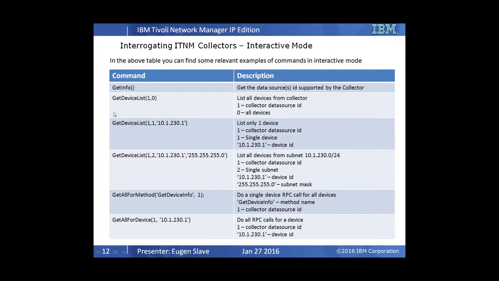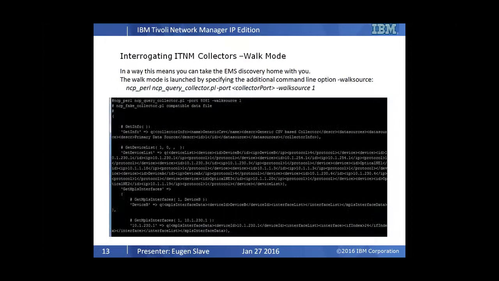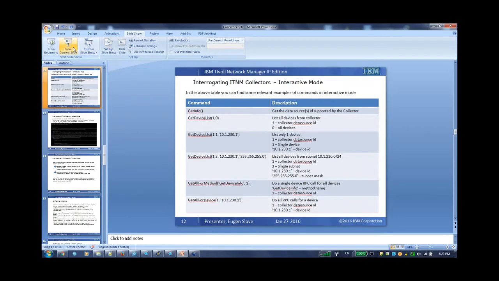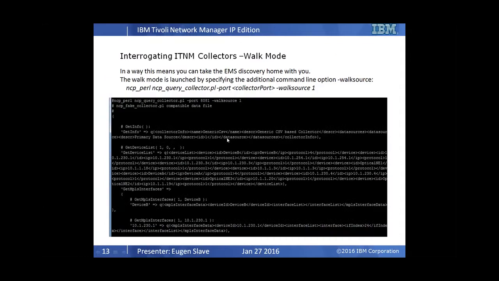You can get information about the collector, a list of the devices from the collector, list only one device, and also some interesting commands like get list for all method, which does a single RPC call for all the devices, only for this method name, get device info method name.